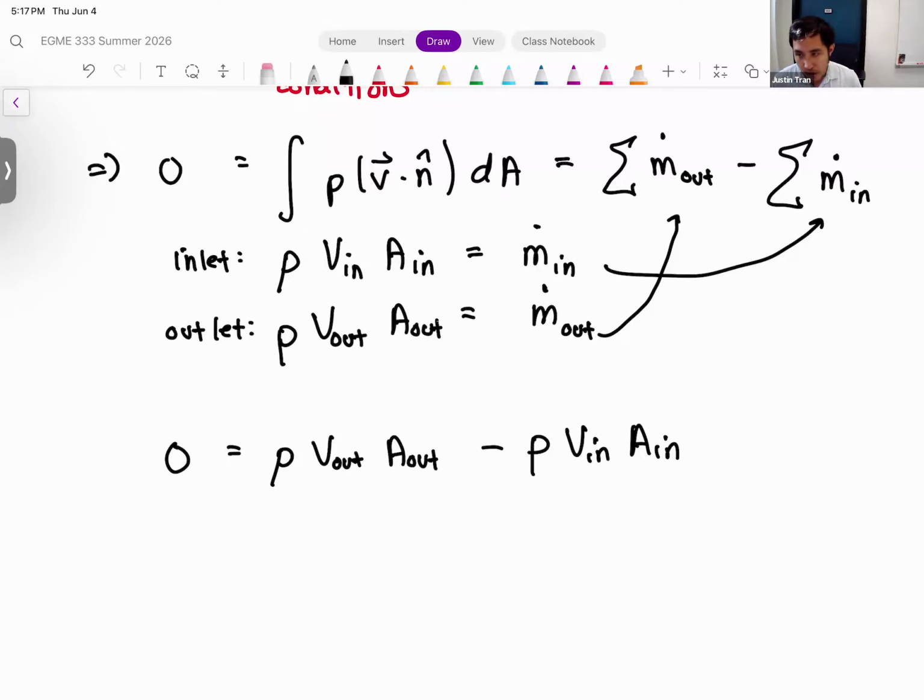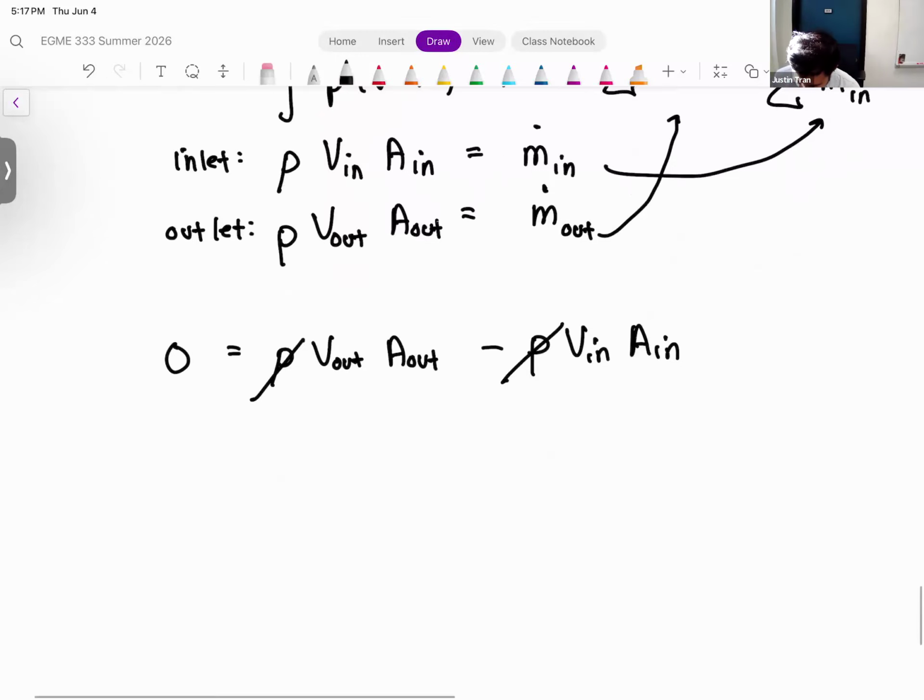Luckily for us, because we're under steady conditions and have air as the working fluid throughout, we can factor out the density and cancel it from our equation. Let's move one of these terms to the other side. Based on conservation of mass, the velocity at the outlet multiplied by the area at the outlet is equal to the velocity at the inlet multiplied by the area at the inlet.